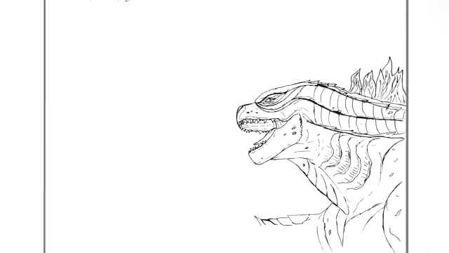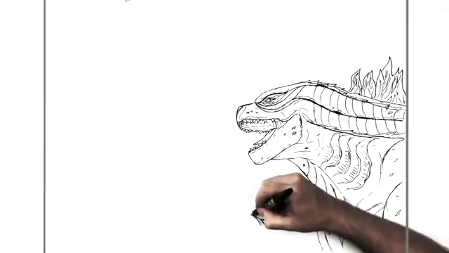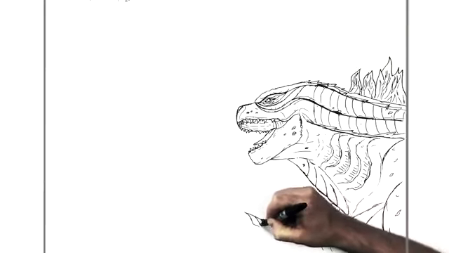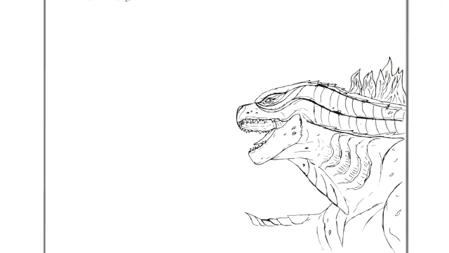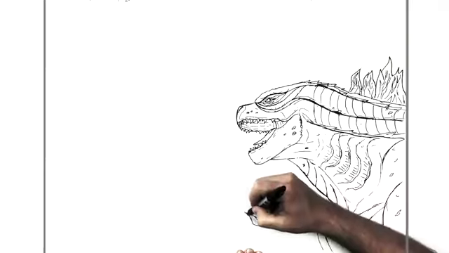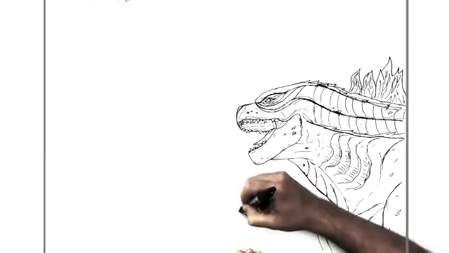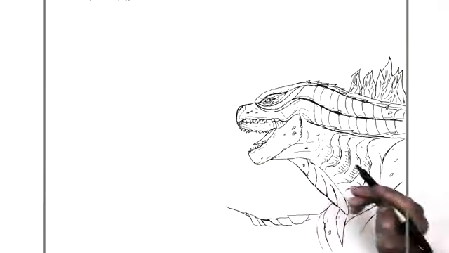So his claw sort of sticks out here, right? So maybe another piece of armor. And then his claw kind of comes up this way.